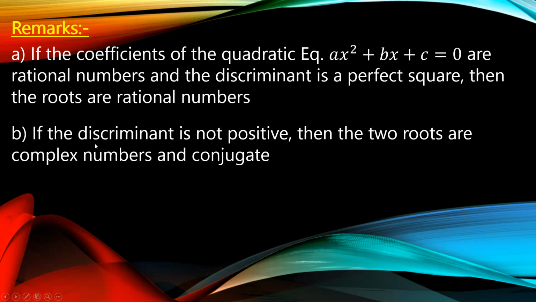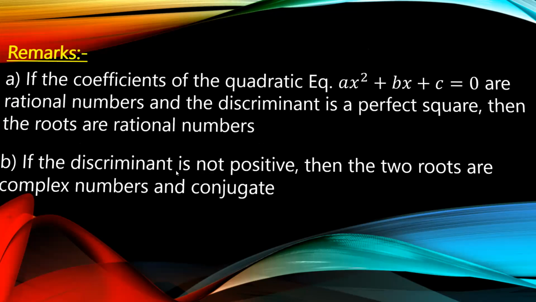The second remark: if the discriminant is negative, then the two roots are complex numbers and conjugates.